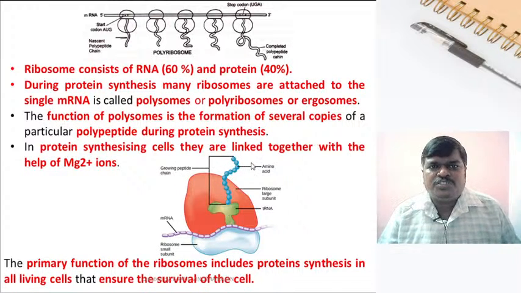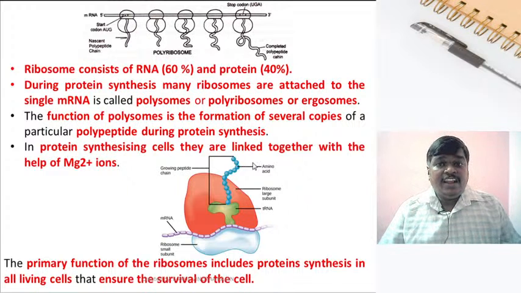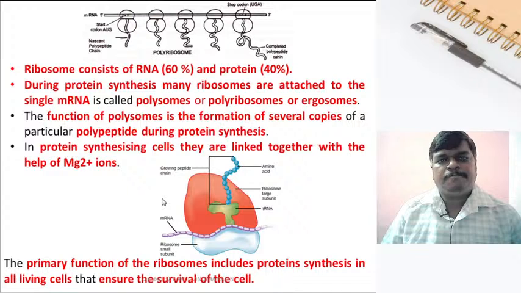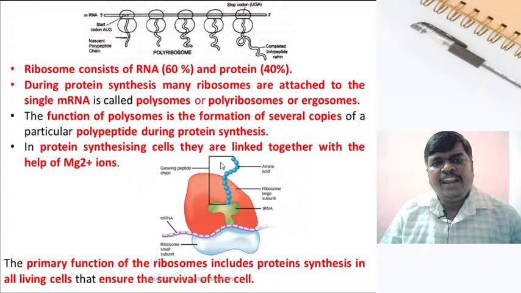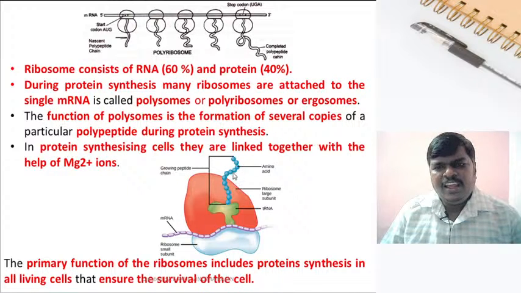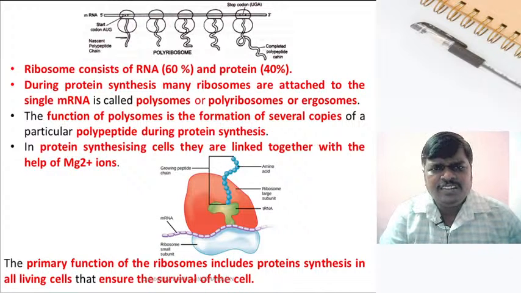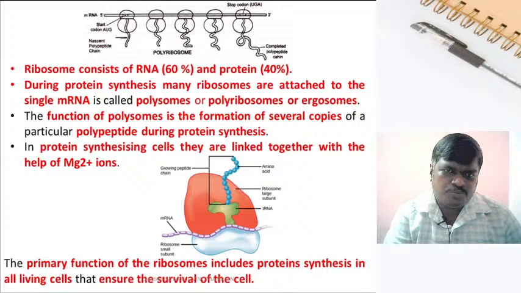So ribosomes consist of RNA and protein. 40% is protein, 60% is RNA. And this RNA is involved in the process of protein synthesis. Ribosomes are also known as polysomes, polyribosomes, or ergosomes.